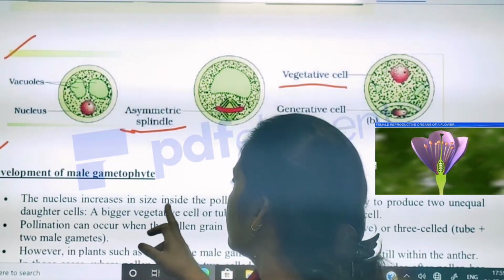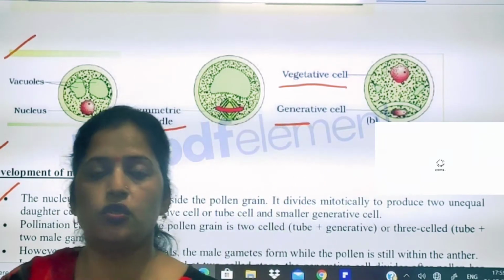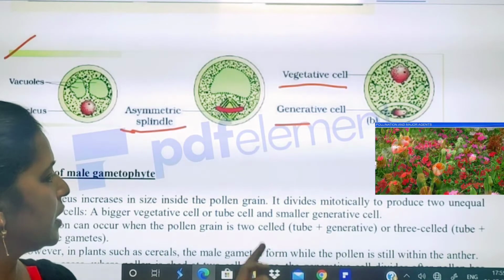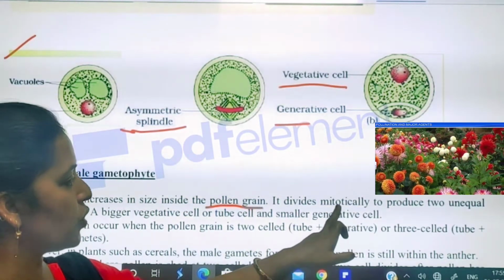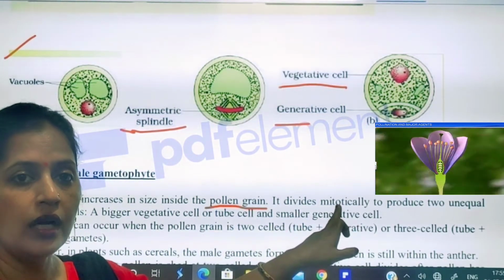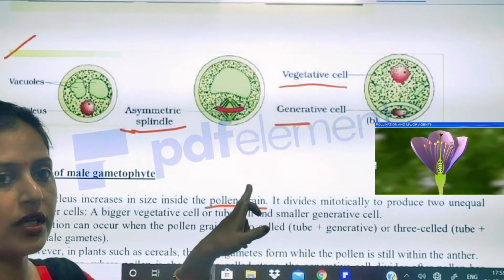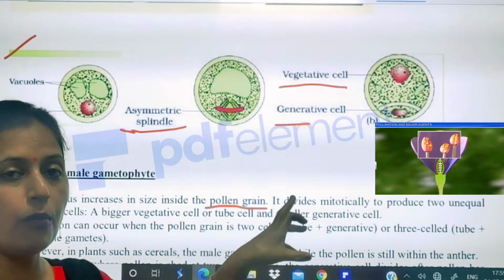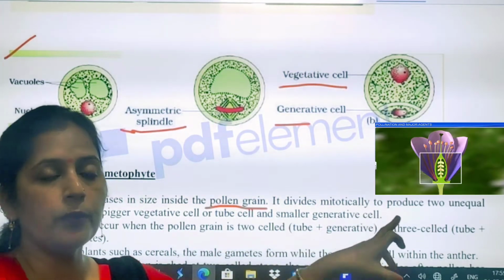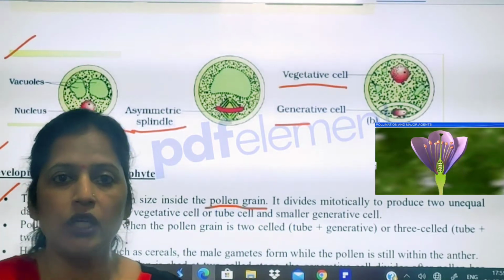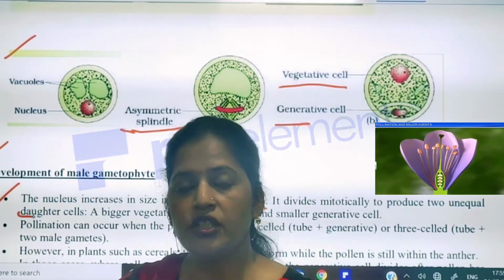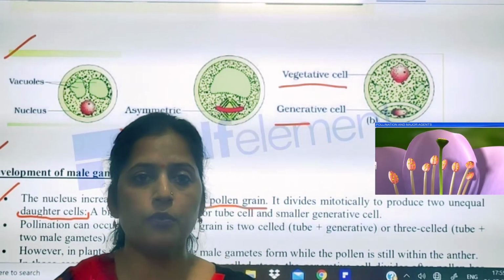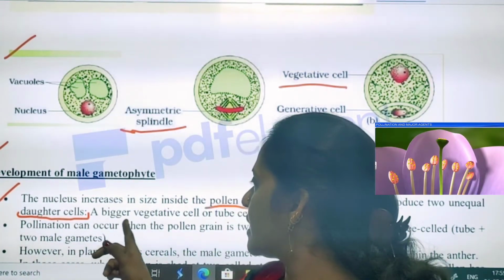The nucleus increases in size inside the pollen grains. It divides mitotically. The nucleus increases in size inside the pollen grain, then it divides mitotically and, as soon as it divides, produces two unequal daughter cells.